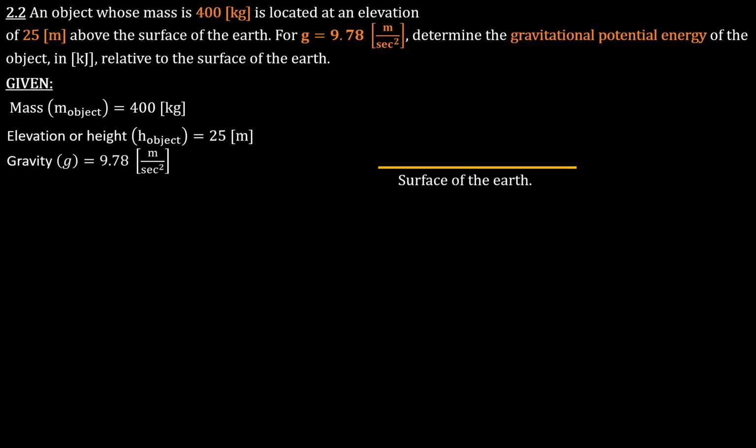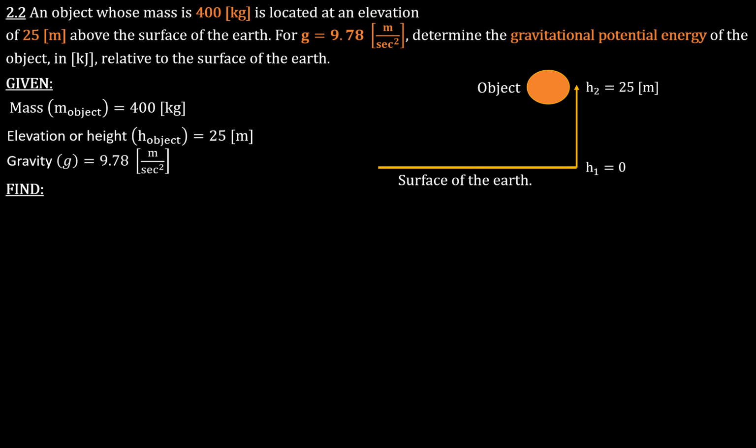So let's say that we have the surface of the earth, which is the datum, the reference, the initial height of 0. And we have an object. It does not matter what the shape of the object is. That object is located at an elevation of 25 meters above the surface of the earth. So that's what the problem is giving us in a sketch, in a drawing.